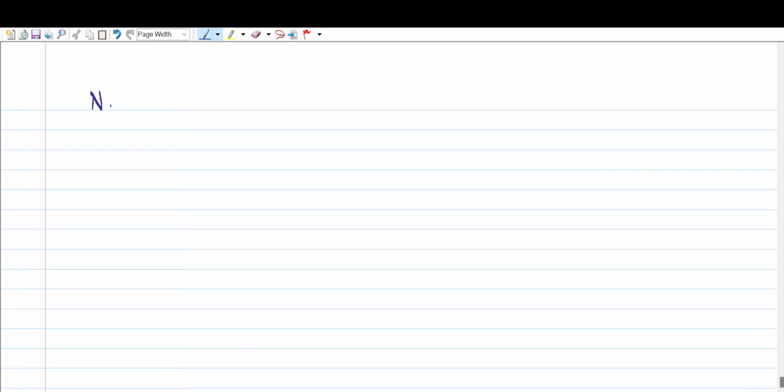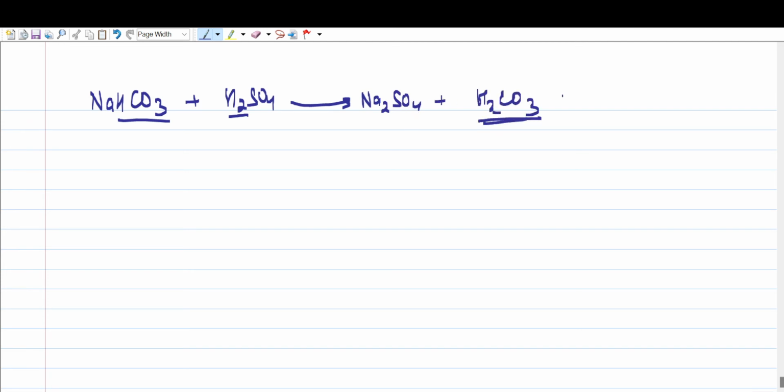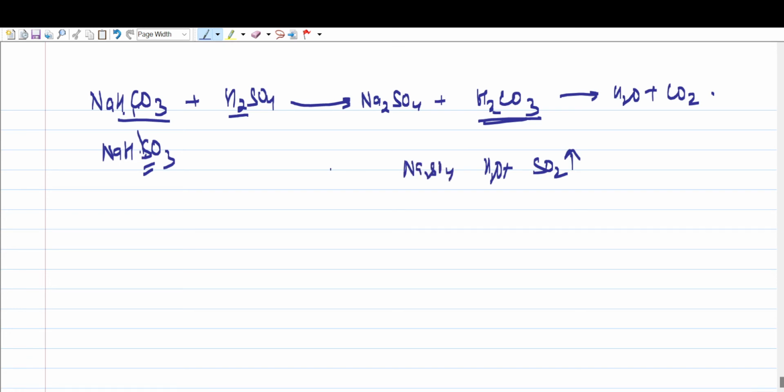Similarly, if you take sodium hydrogen carbonate, treat this with sulfuric acid, again it is going to form sodium sulfate plus H2CO3, which will break into water and carbon dioxide. अगर NaHCO3 की जगह आपने NaHSO3 ले लिया, तो C की जगह क्या ले आए, S, so you will get sulfur dioxide gas along with water and Na2SO4 will be formed.